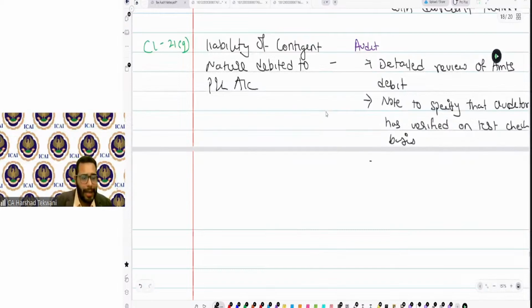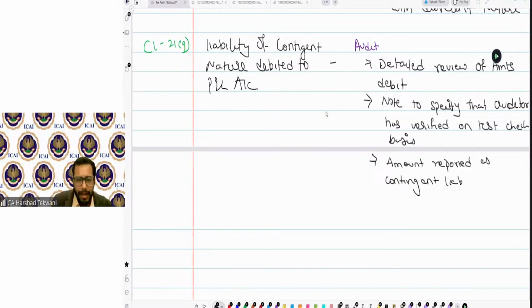Now, another point here is that amount reported as contingent liability in notes to account is not required to be reported here.